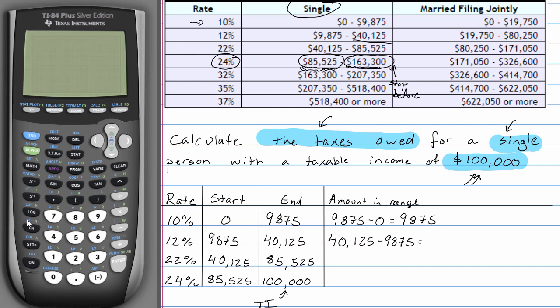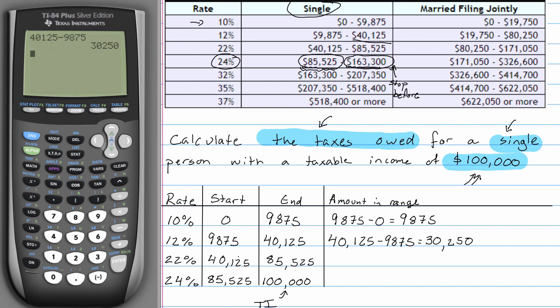I'm going to say 40,125 minus 9,875. The amount in that range is $30,250. Okay, so now our person has earned $9,875, and then they earned another $30,250, which took them up to $40,125.